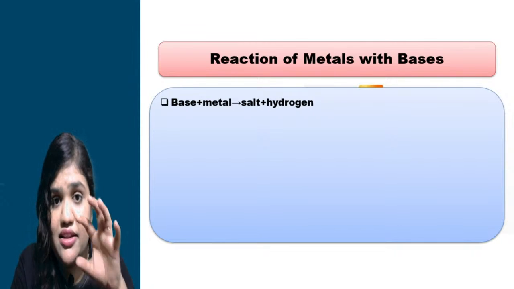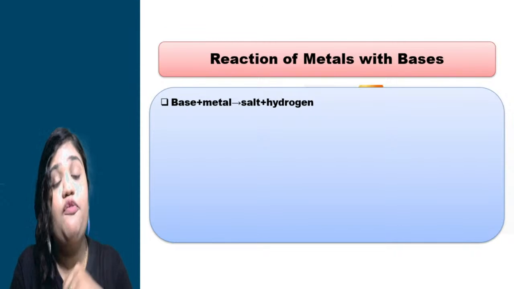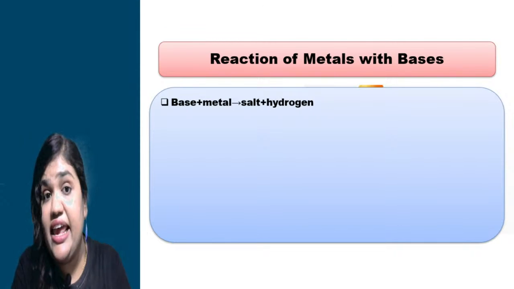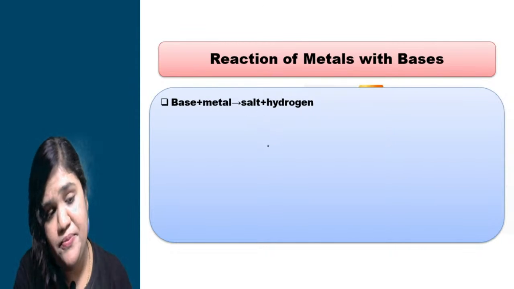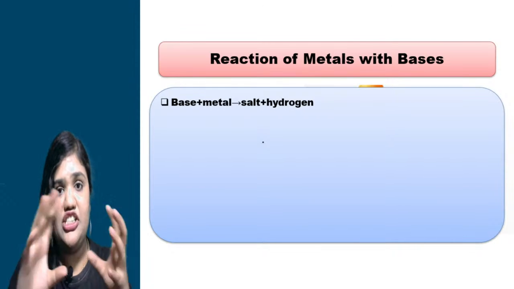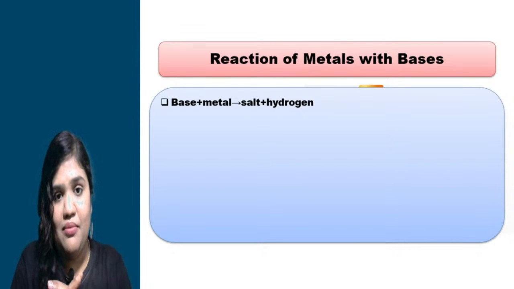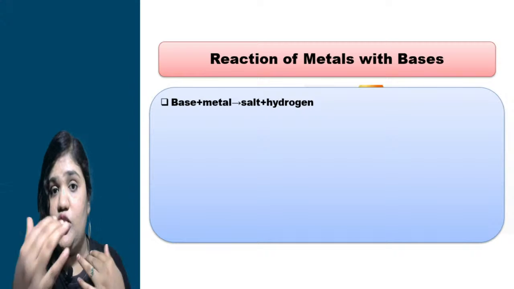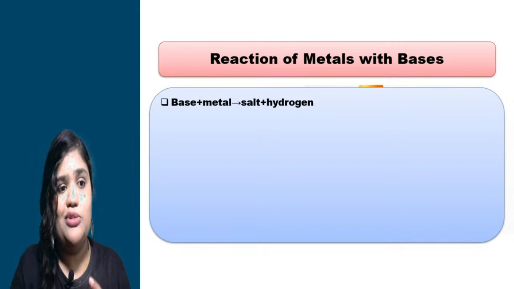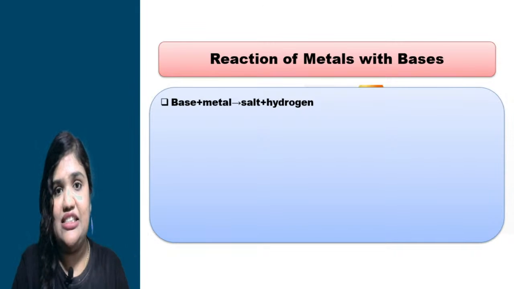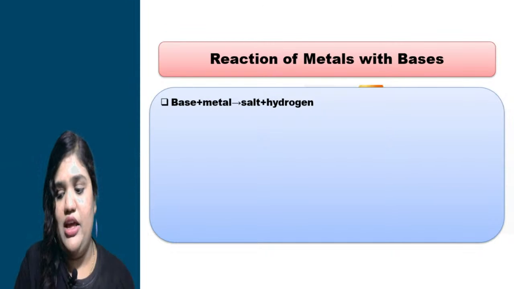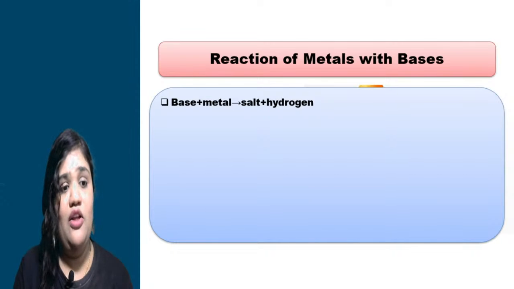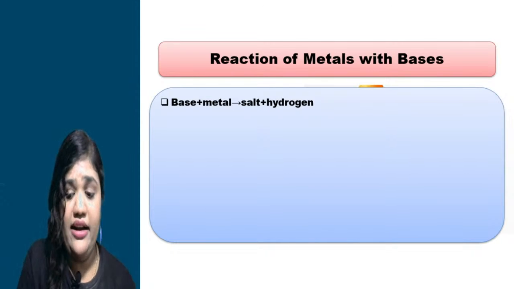Again, in basic condition, if base reacts with metal, there is a formation of salt and hydrogen. So both reactions are actually the same, because in both cases you will get salt along with hydrogen. So these two reactions are very easy to remember, right? So we are going to take one example for base plus metal, and we will get salt and hydrogen.